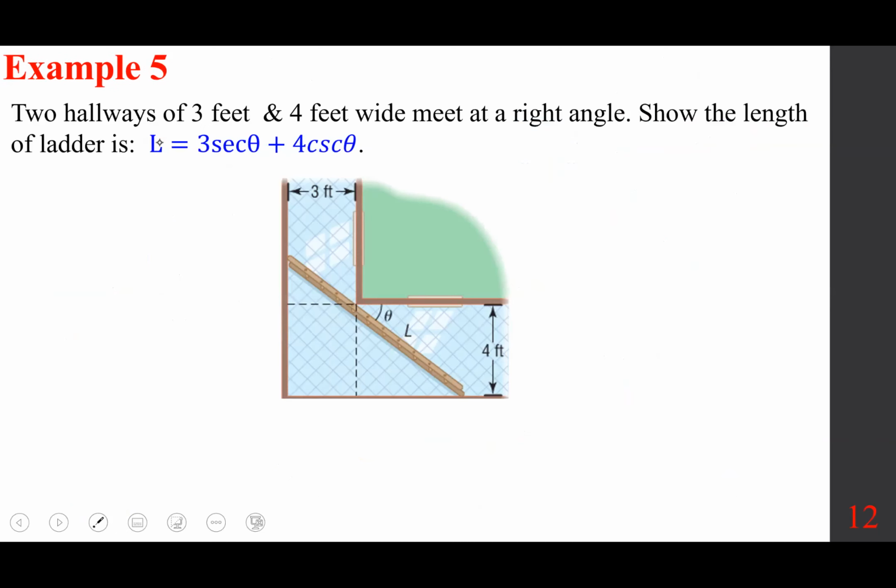All right, we have the following situation: two hallways of 3 feet and 4 feet wide meet at a right angle like such. This is going this way, this is going this way. So this is the right angle. Show the length of the ladder. This ladder L has this formula, 3 secant theta plus 4 cosecant theta, where theta is this one.